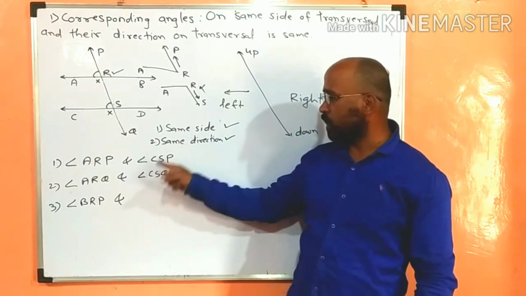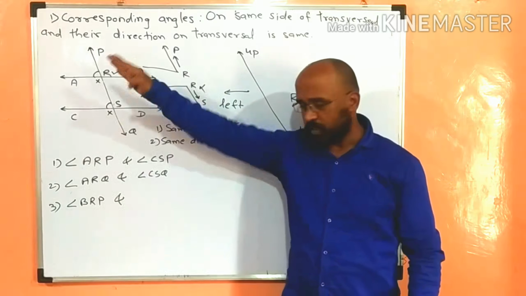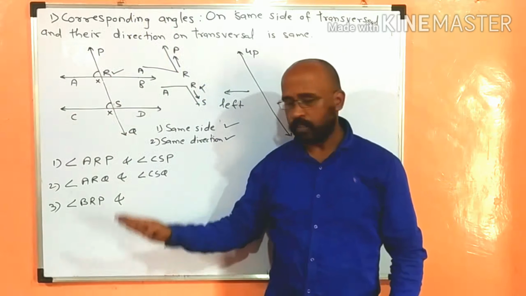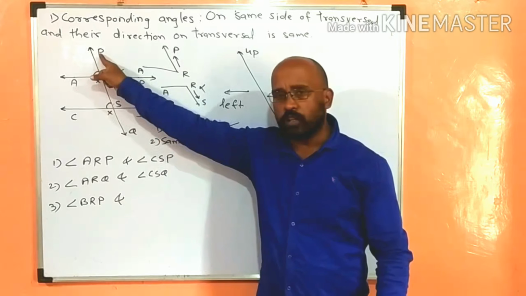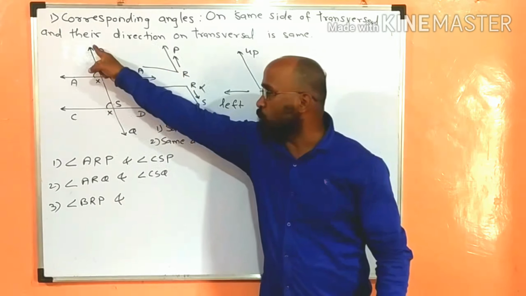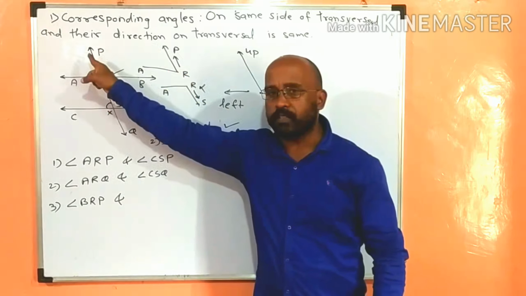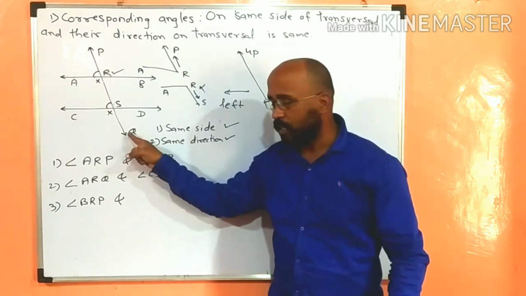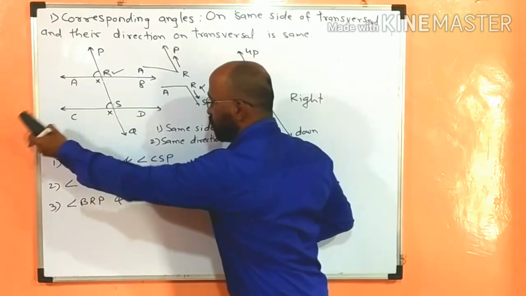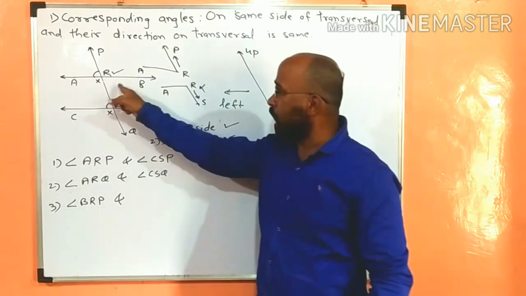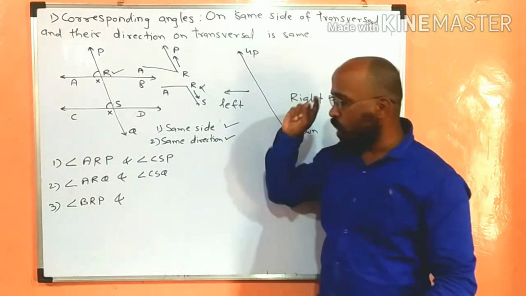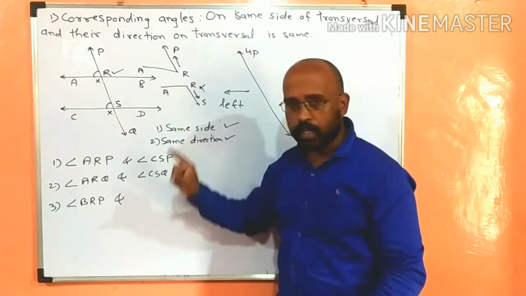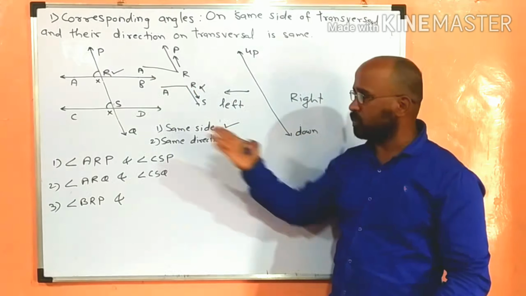Our condition is its corresponding angle should be on the same side of the transversal where angle BRP is. Angle BRP is on which side of transversal PQ? The transversal has created two sides, left and right. BRP is on the right side of this transversal, right? So its corresponding angle will be on the right side of this transversal.